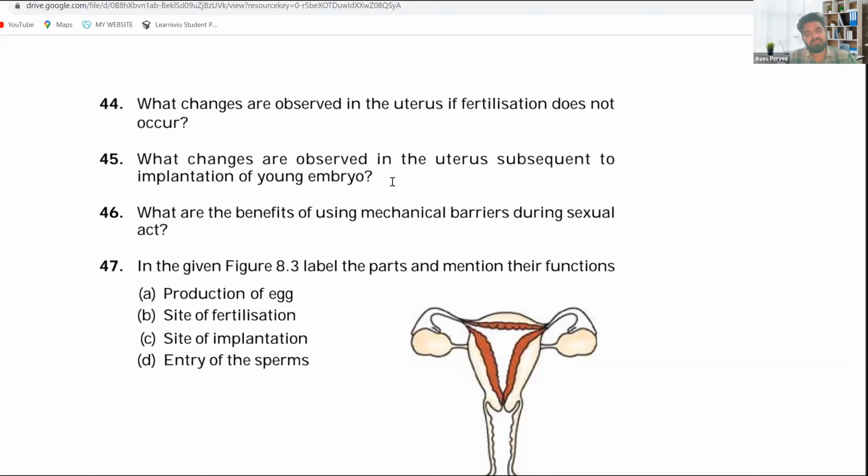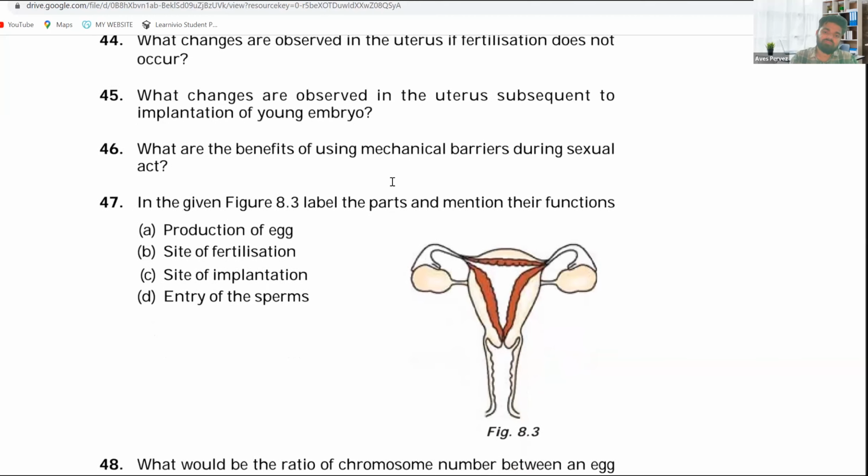Fallopian tubes. Site of implantation? Oviduct. The site of fertilization is the fallopian tube. Oviduct is another name for the fallopian tube; you can say oviduct or fallopian tube. The site of implantation? Uterus. Entry of sperm? Vaginal part.